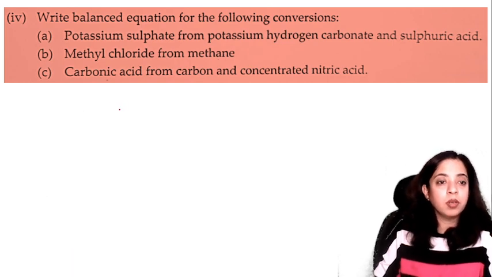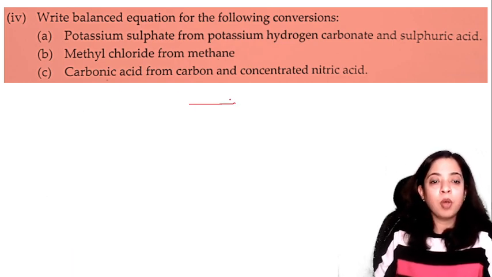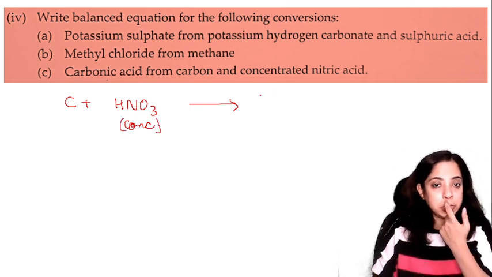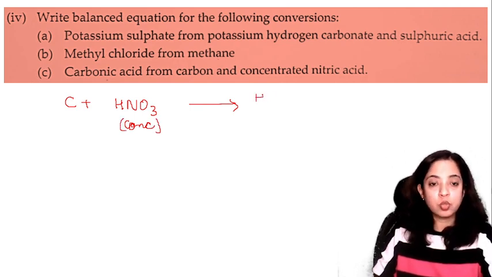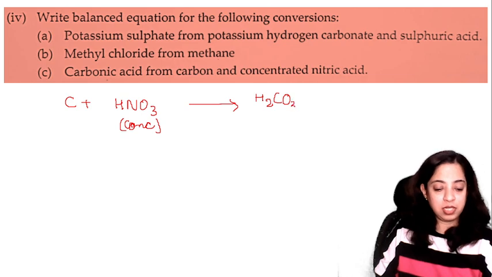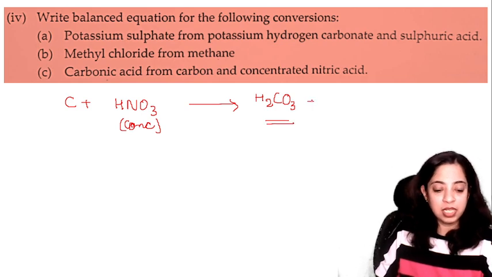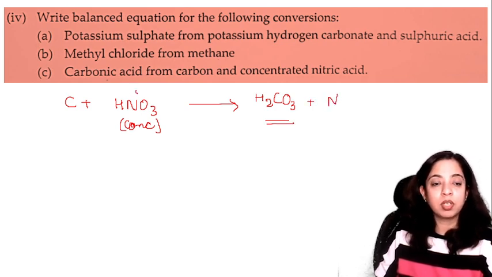Okay. Carbonic acid from carbon and concentrated nitric acid. Carbonic acid is what, children? H2CO3 is carbonic acid. So look, C plus HNO3, what will it form? It will form carbonic acid plus, look, carbon has reacted with concentrated nitric acid, right?